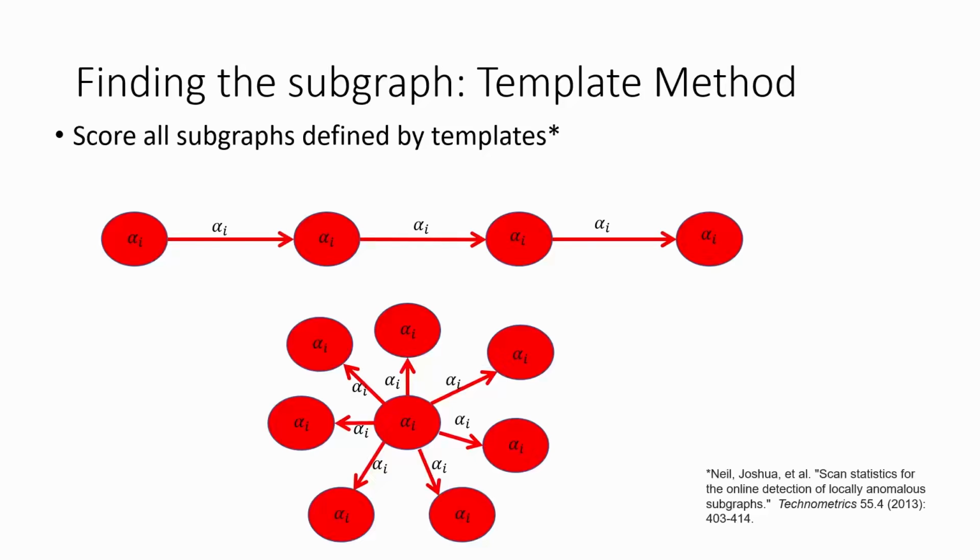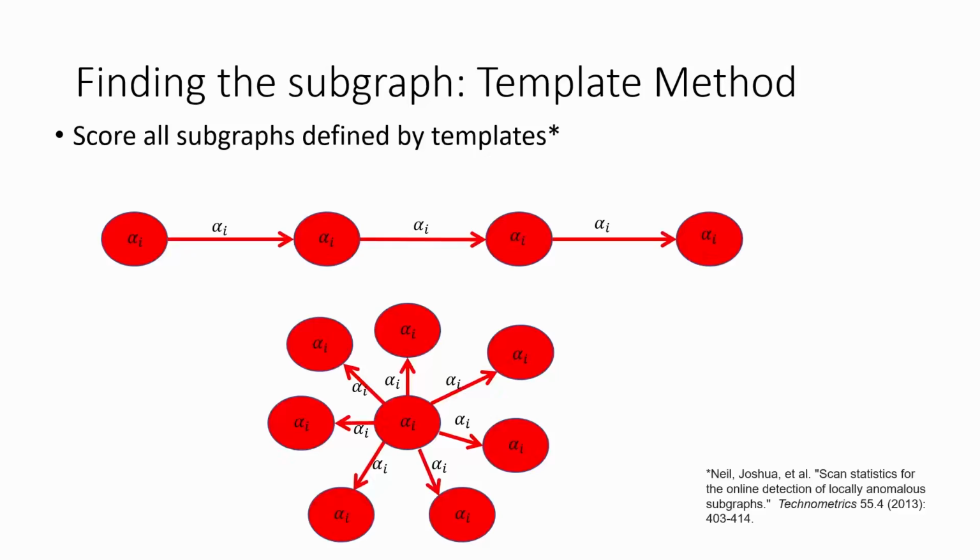There are 3 edges in this one. I'm going to enumerate all of them. 4 billion, 400 billion, a trillion. There may be a lot of them. And I'm going to calculate some combined score across all the alphas for that path, for all those paths. I'm going to do it for all the stars. And then I'm going to threshold. I'm going to say the combined score for these objects, I'm going to find the weirdest ones, and I'm going to report those to the analysts.